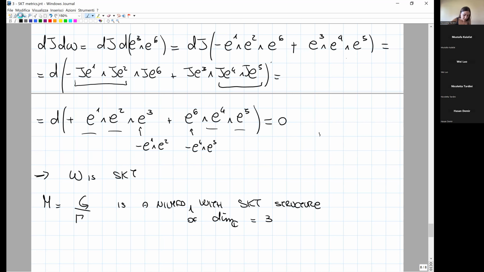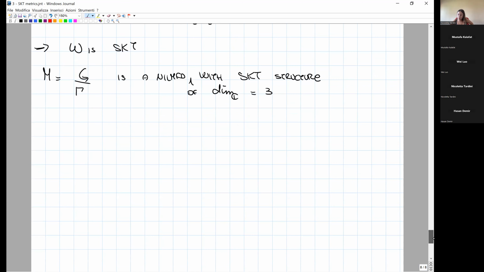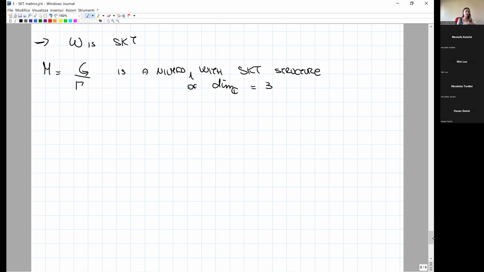In fact, nil-manifolds of complex dimension 3 are somehow characterized, it's characterized on the existence of SKT metric on nil-manifolds of complex dimension 3.